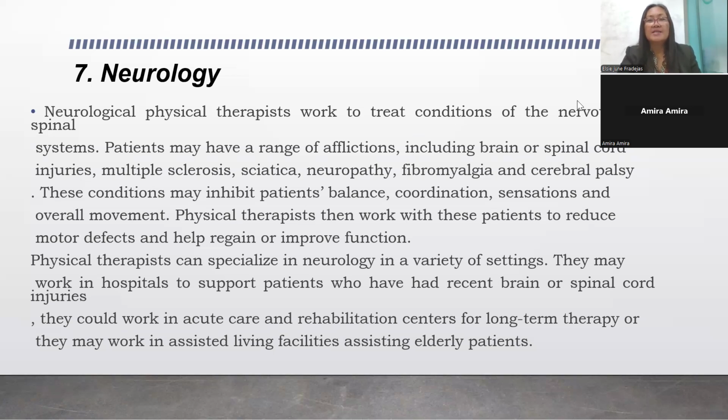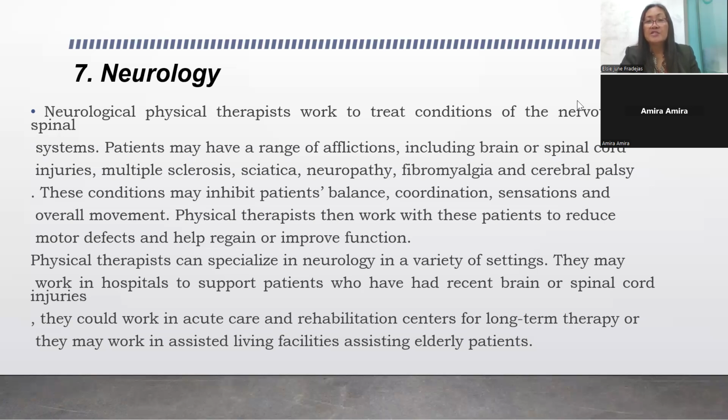So patients have a range of afflictions, including brain or spinal cord injuries, multiple sclerosis, sciatica, neuropathy, fibromyalgia, and cerebral palsy. These conditions may inhibit patients' balance, coordination, sensation, and overall movement.